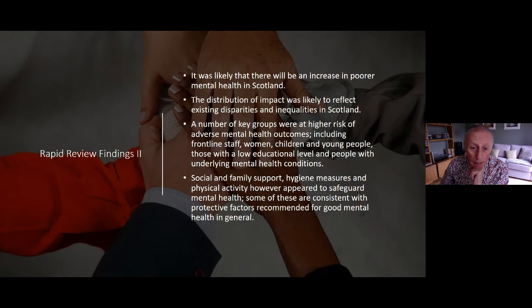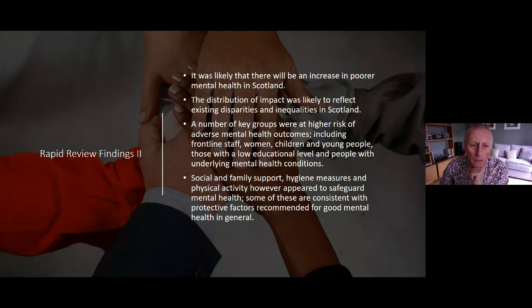There were some very significant and important observations at that stage. It was very likely that we were going to see an increase in poor mental health in Scotland. It was very likely that this increase in poor mental health was not going to be distributed evenly across the population, and we identified at that stage that frontline staff, women, children and young people, those with less access to educational privileges and opportunities, and people with underlying health conditions, and particularly mental health conditions, were certainly at risk of having greater impacts.